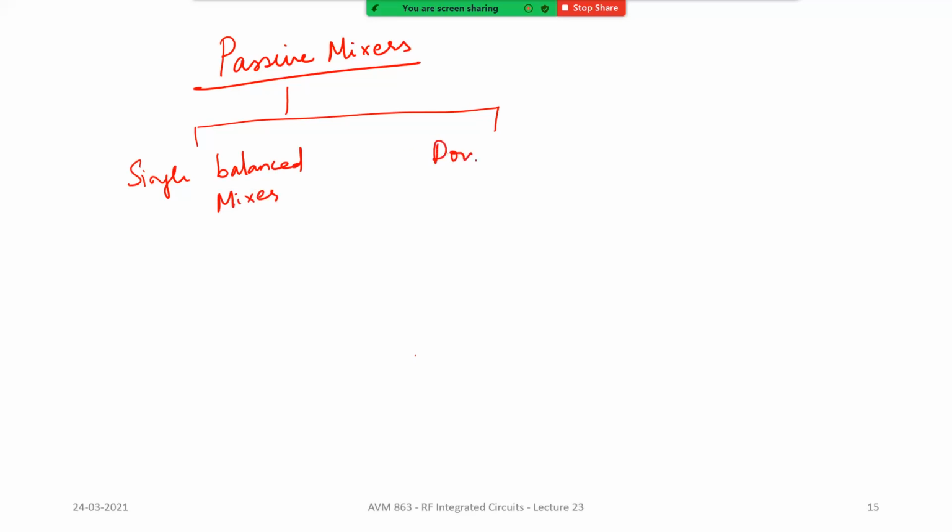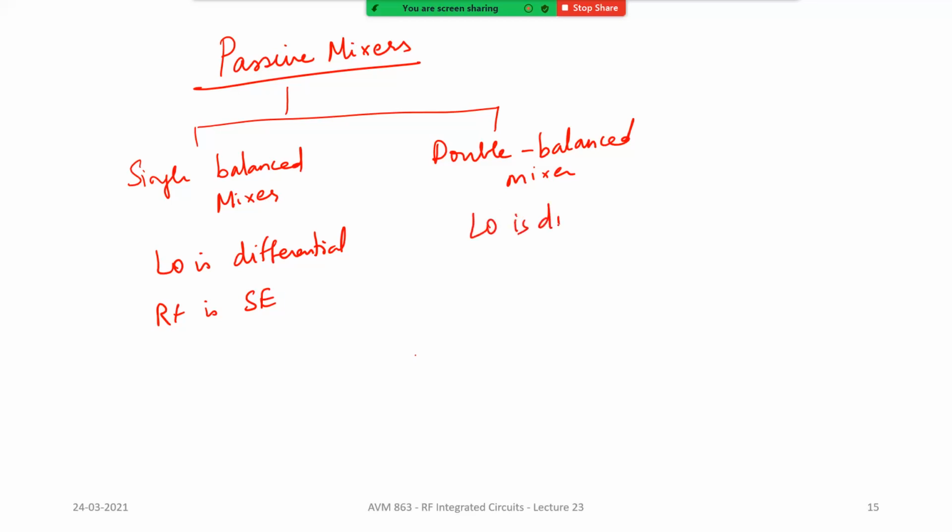Now, what is this very fancy term? It's very simple. In a single balanced mixer, the LO is differential and RF is single ended. In the double balanced mixer, LO is differential and RF is also differential.